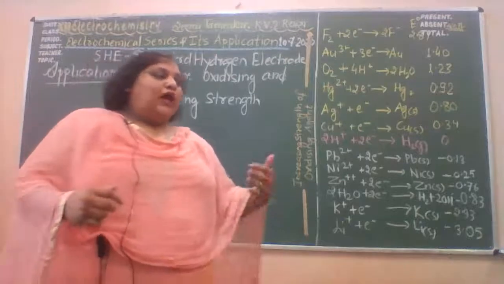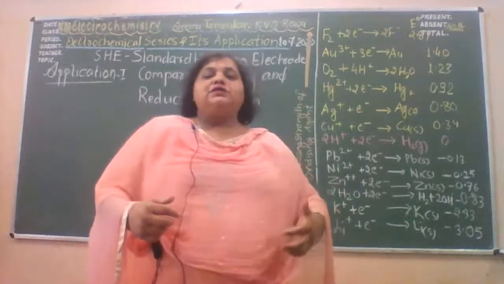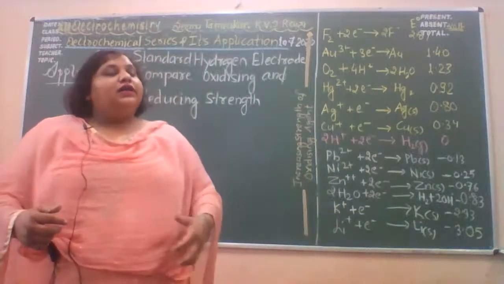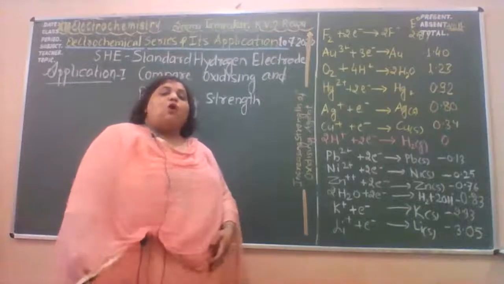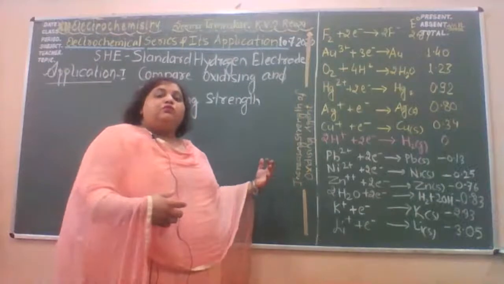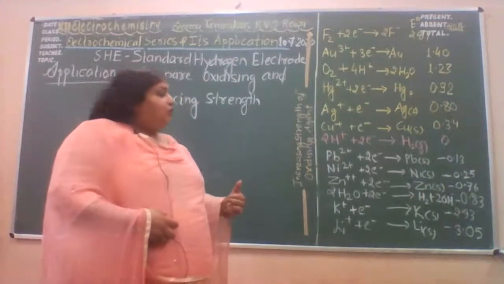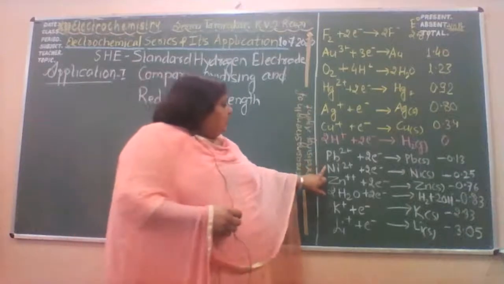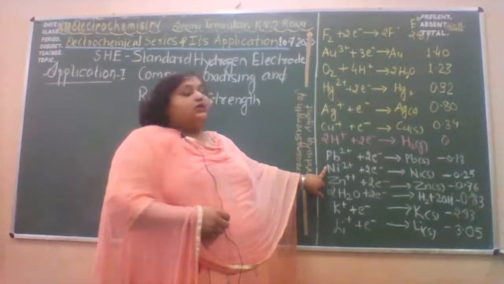You all know that anode is the site of oxidation and cathode is the site of reduction. The electrode where oxidation takes place is always defined as the anode, and where the reduction takes place is defined as the cathode. In this set, the nickel has more oxidizing strength.